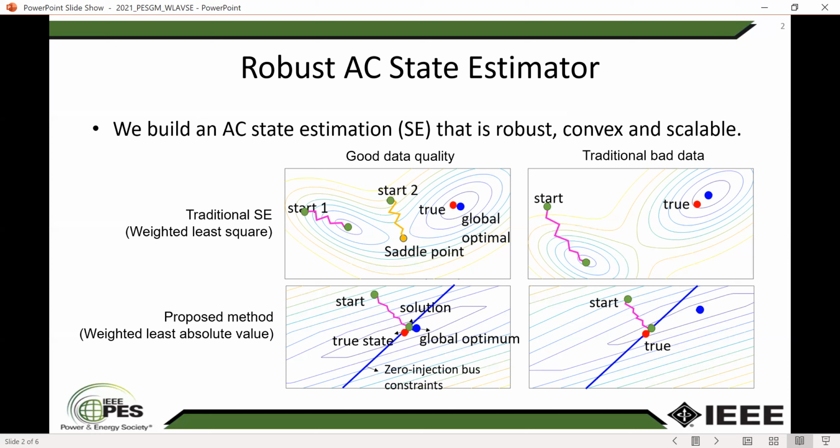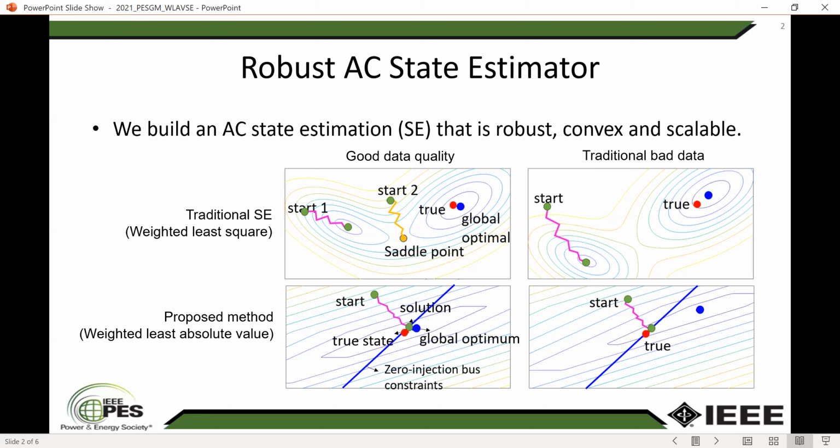By contrast, when we convert the proposed method to an equivalent form and plot its objective function, the use of weight-least absolute value makes the objective function non-differentiable, so the contour has corners. Compared with the traditional method, our approach is convex. It has only one global optimum.